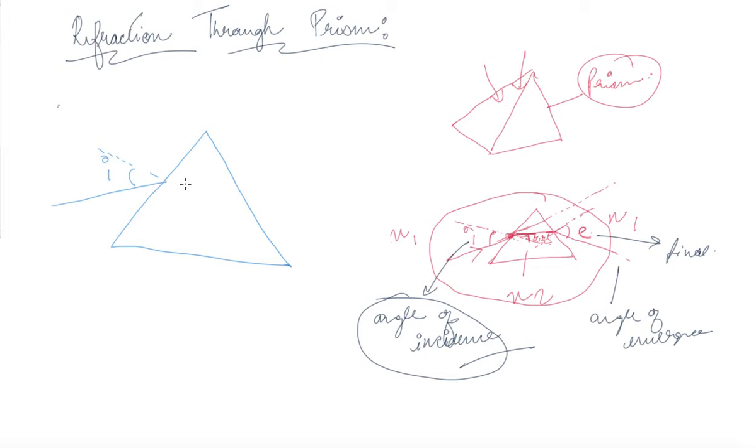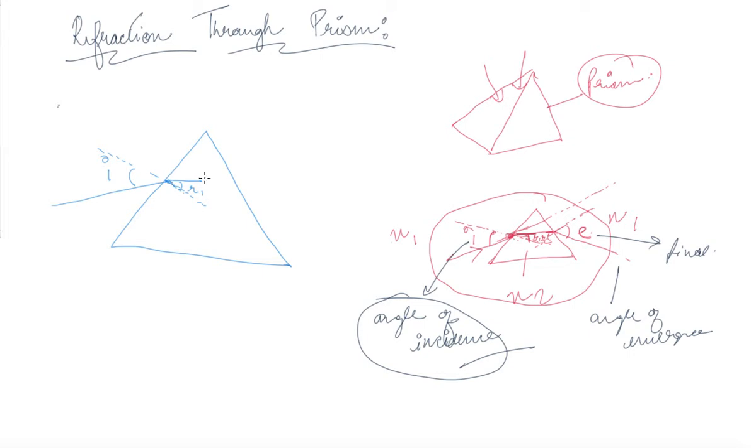What is the angle of refraction? Say this is the normal. So if this ray goes over here after refraction, this is R, this is R1.